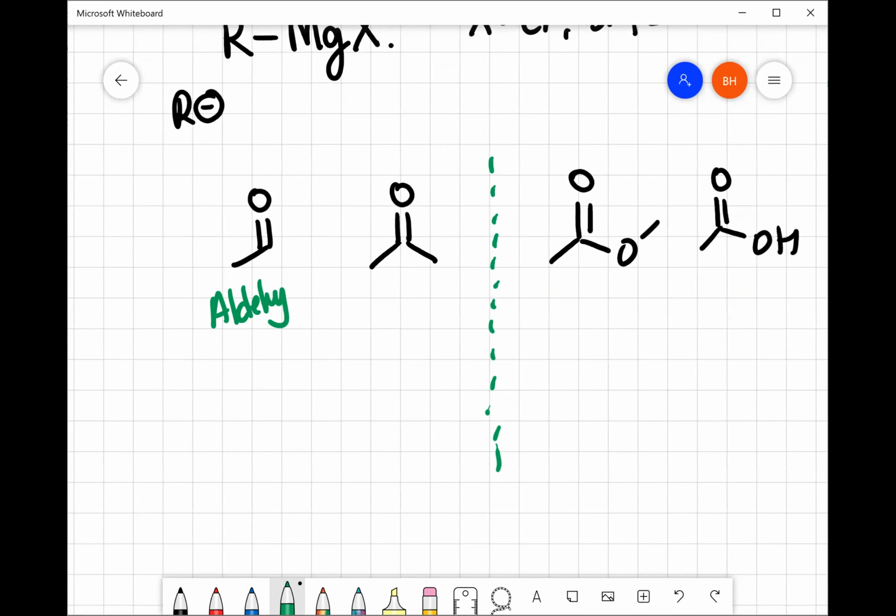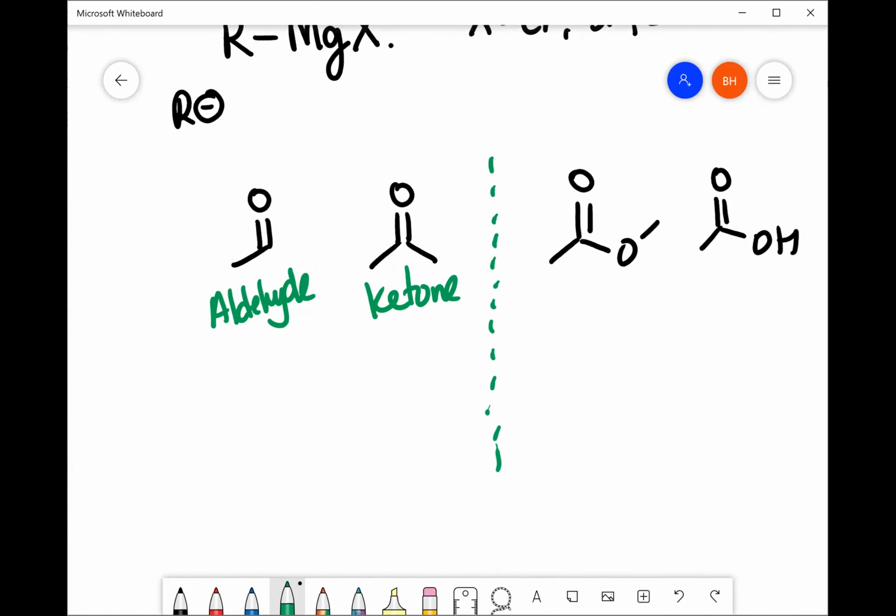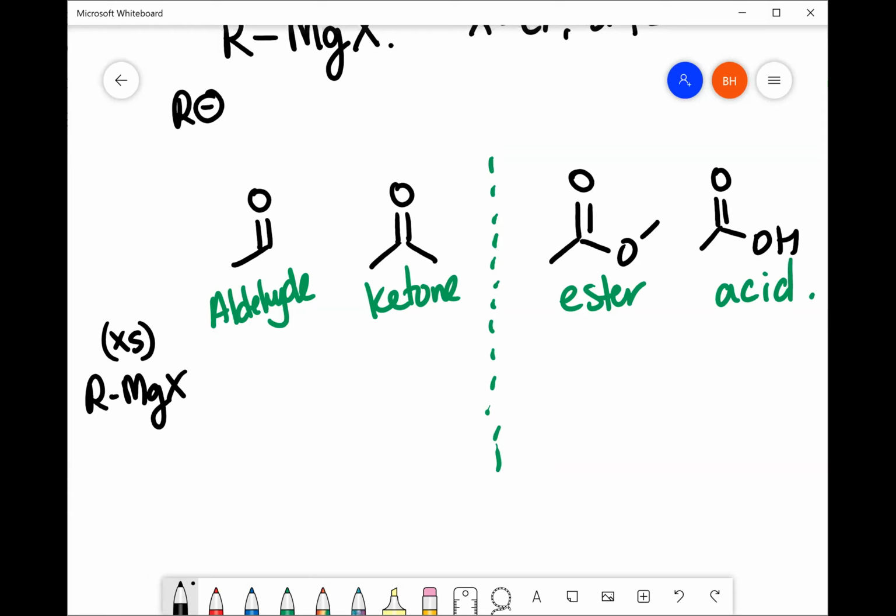Aldehyde, ketone, ester. Now RMgX, and we'll just put excess here. If we want the reaction to go to completion, for the ester and the acid, you need excess.